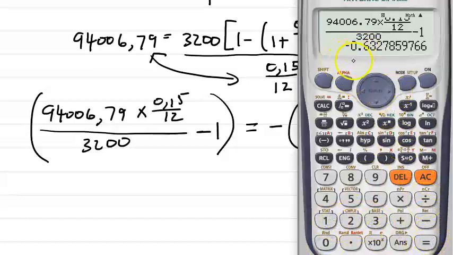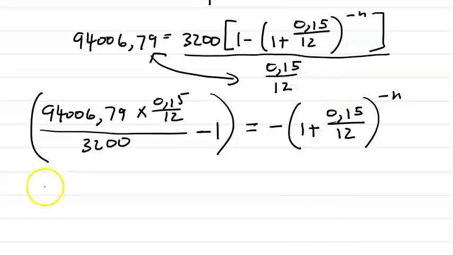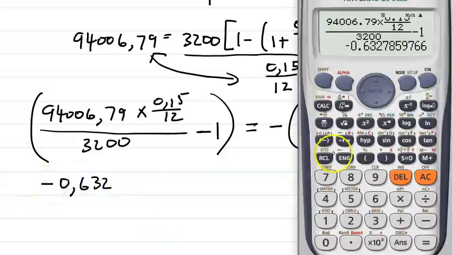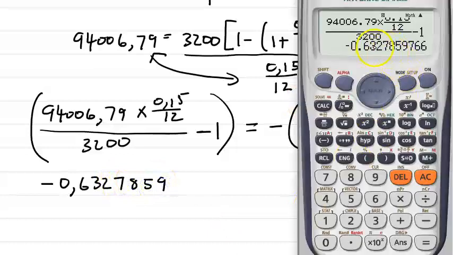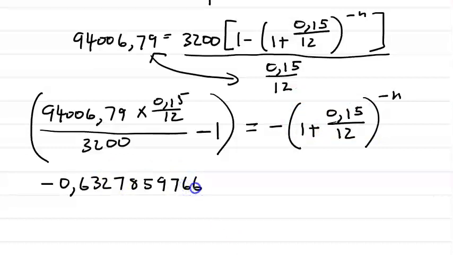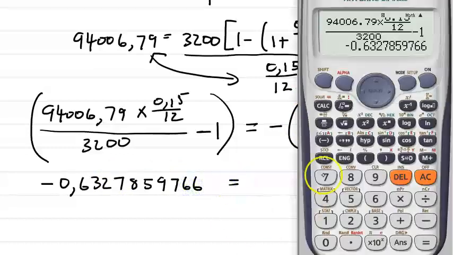Now we cannot round off at this stage, so we have to write out this whole value, which is minus 0.6327859766.